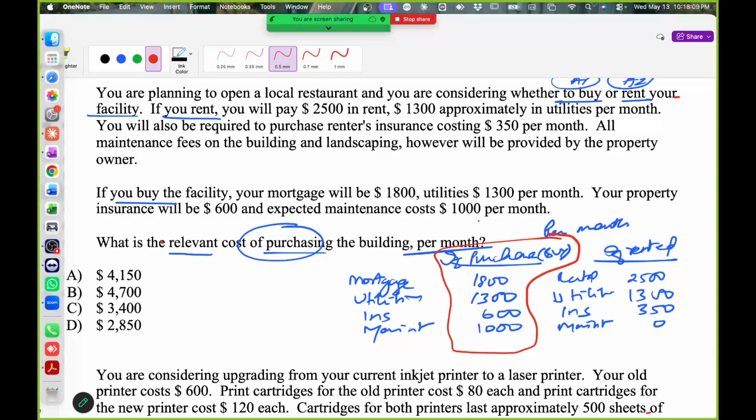If you want, I will do the total. How much total? 4,700. Here also, let me finish the table. How much here? 4,150, right? Yes?